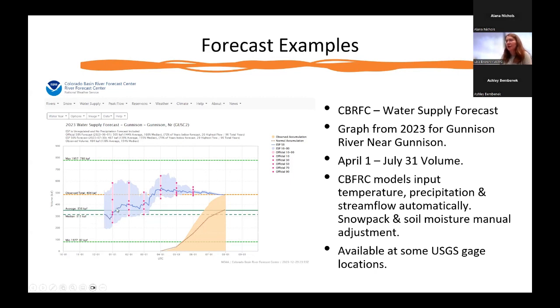And then the dark purple line is your most probable forecast for every single day that they are producing the values. So we're starting off in mid-December with a guess based on what the snowpack is at that time. And the more you move through the season, values change as the snowpack changes as well.